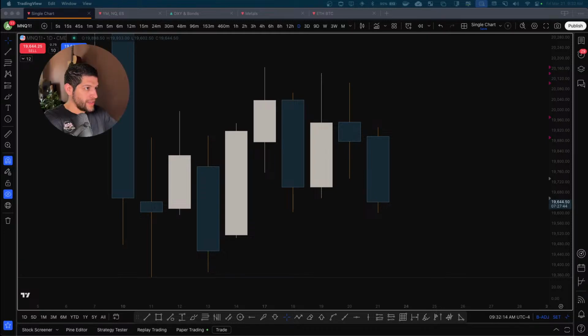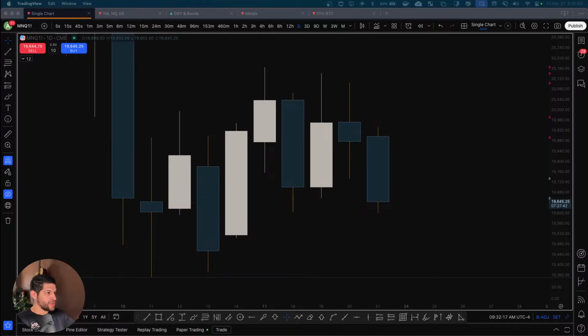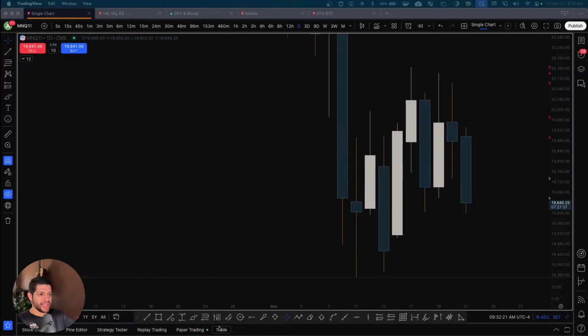All right, let's see. Is this camera? No, should I use the little one? Little one's fine, right?